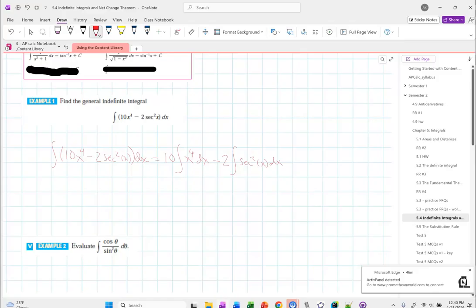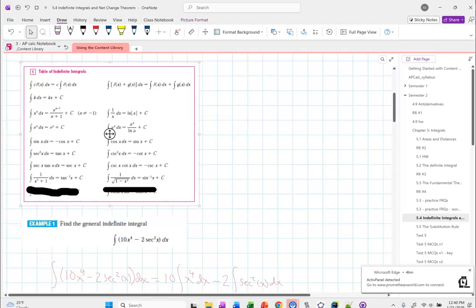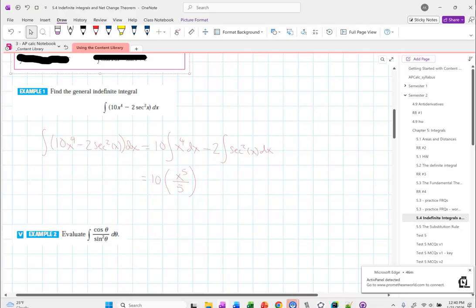What's the antiderivative of x to the fourth? X to the fifth over 5. Everybody remember? That's our formula here. And what's the antiderivative of secant squared?